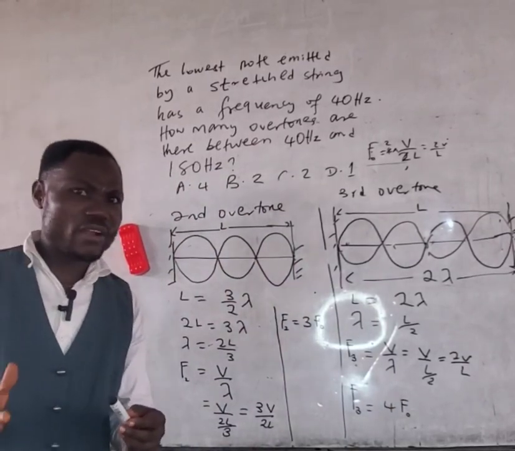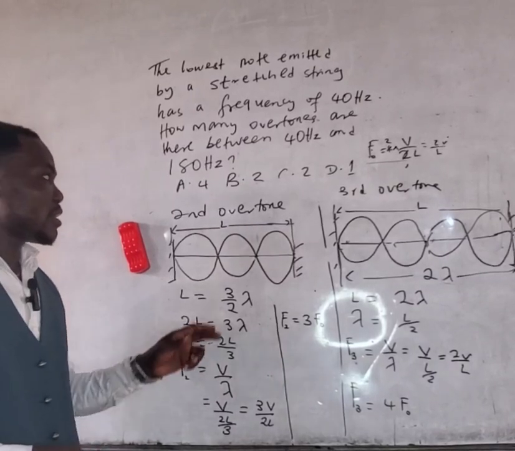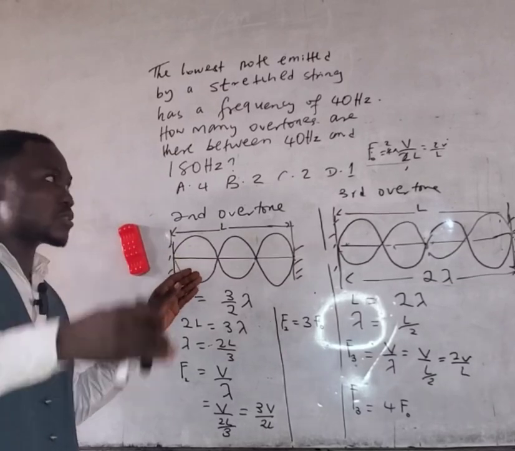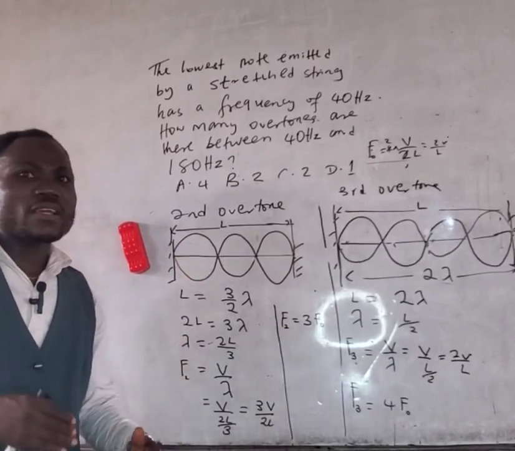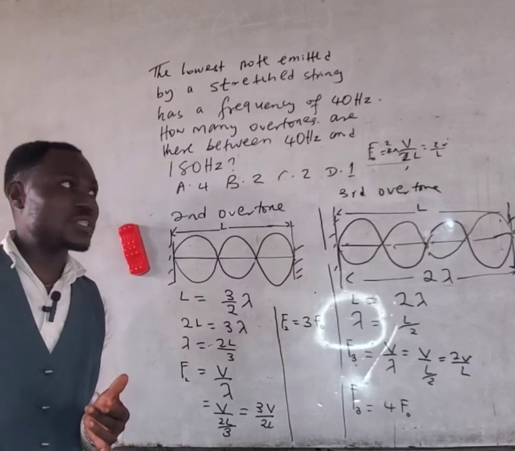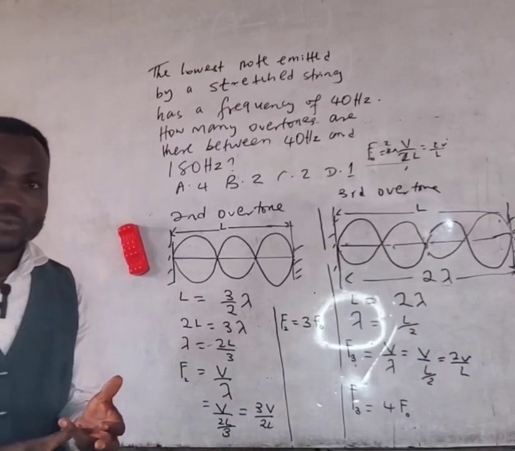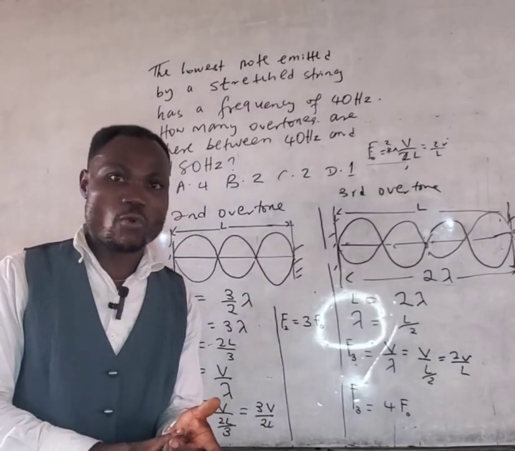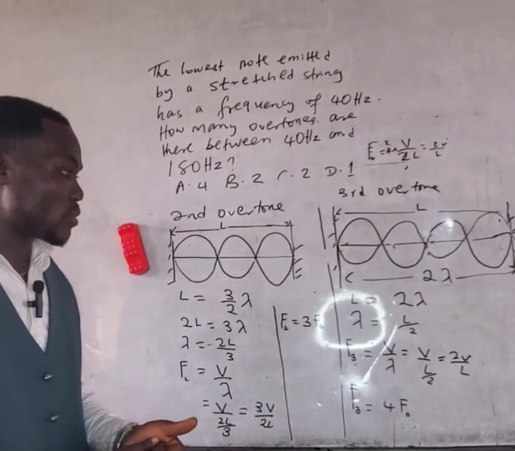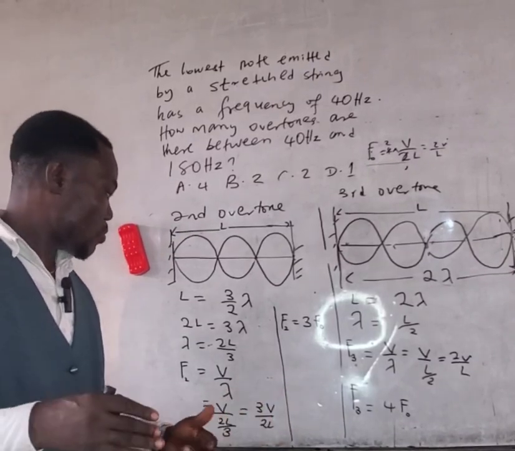Are you noticing something very interesting here? You see that the frequency of the overtones is simply an integral multiple of the fundamental frequency. The fundamental frequency is just FO. First overtone 2FO, second overtone 3FO, third overtone 4FO, and so on.